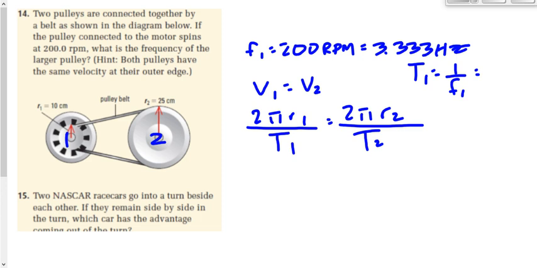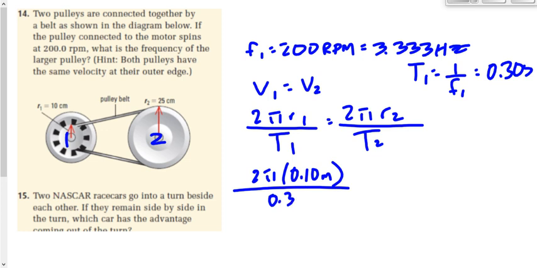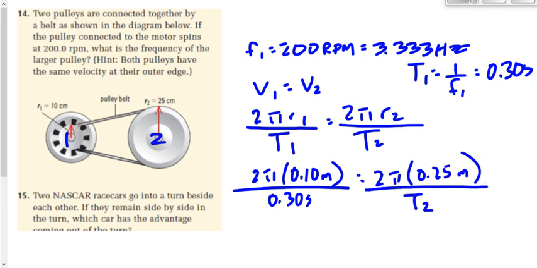Exactly 0.3? 2 times pi times 0.10 meters over 0.30 seconds equals 2 times pi times 0.25 meters divided by T2. That's what we're looking for, isn't it? Oh, no, we're looking for the frequency, but once we find the period, we can find the frequency using F is equal to 1 over T, right?